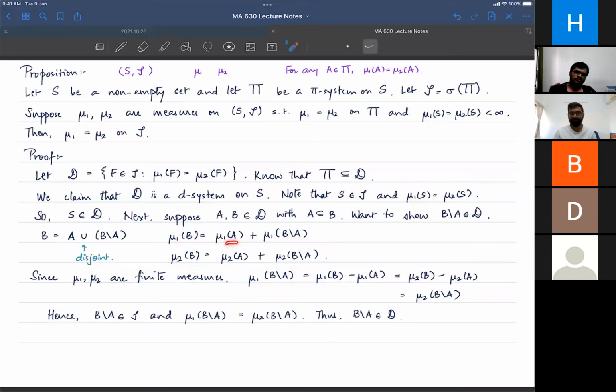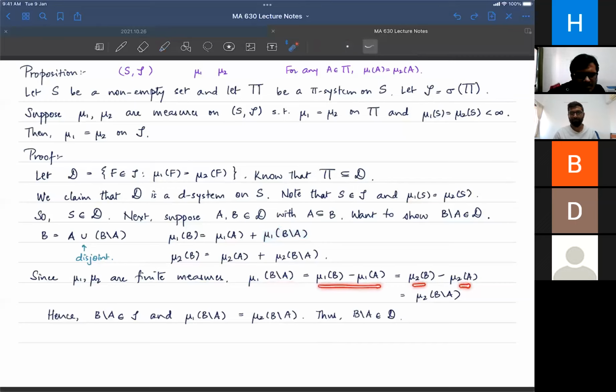So mu1 of A, mu2 of A, mu1 of B, mu2 of B all have to be finite. So since mu1, mu2 are finite measures, mu1 of B minus A, which is this quantity here, must be mu1 of B minus mu1 of A, which is mu2 of B minus mu2 of A.